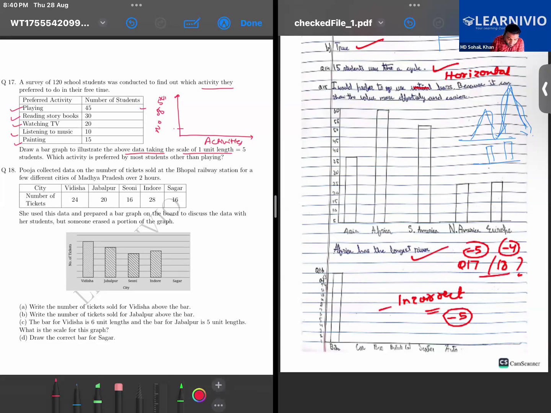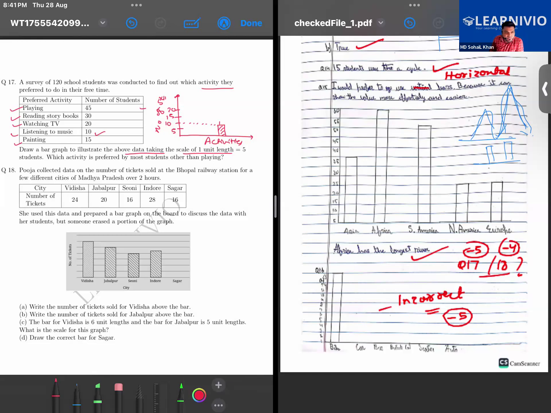Thereby we will take 5, 10, 15, 20, and so on. For example, how many students preferred listening to music? 10. So while we'll be drawing for it, it will correspond to 10 like this. In this manner, it has to be done.